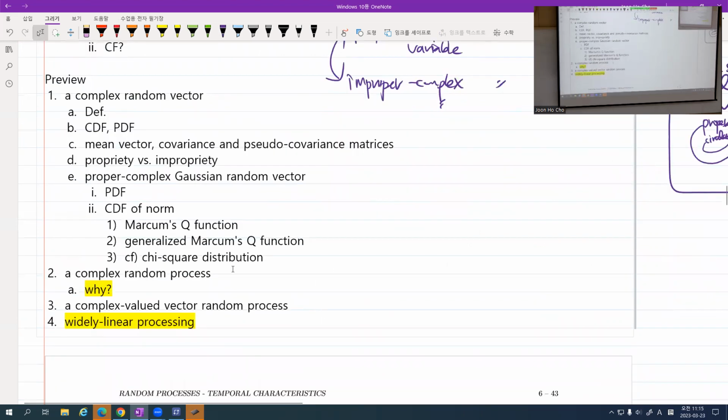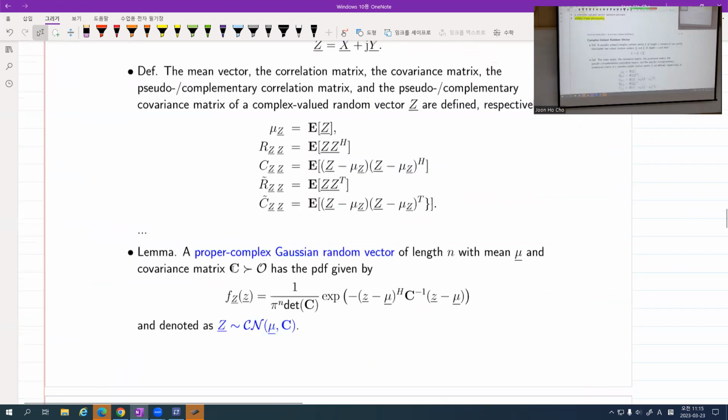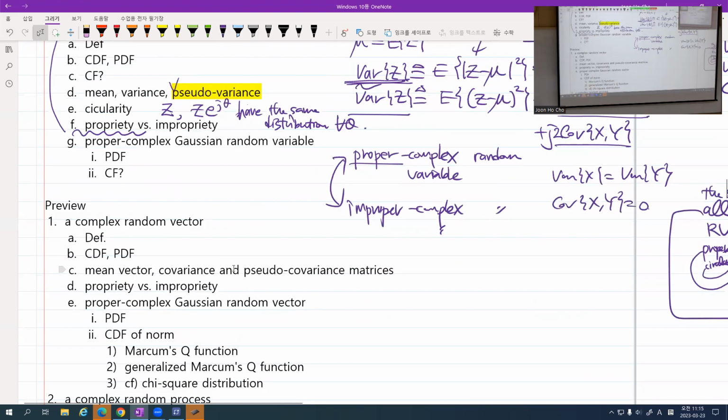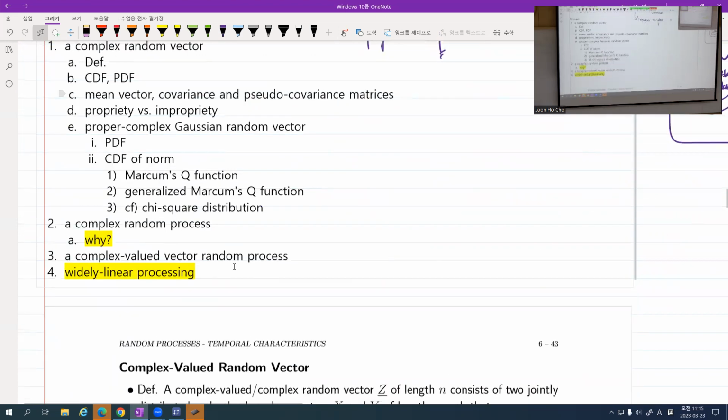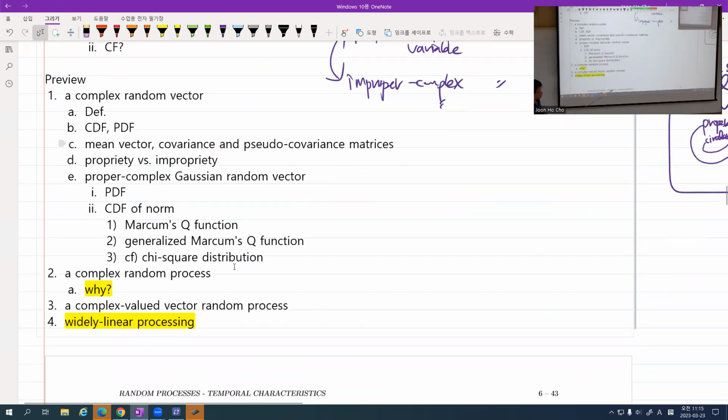Okay, so we've done almost the proper complex Gaussian random variable part. And now let's see what we are going to study today. We are going to study a complex valued random vector or complex random vector. Got it?